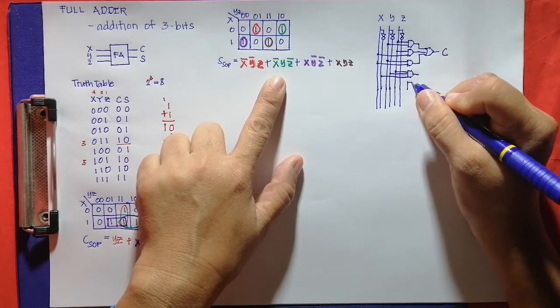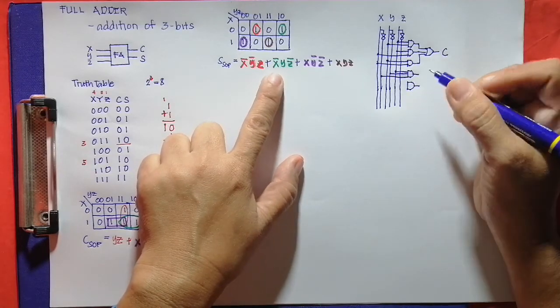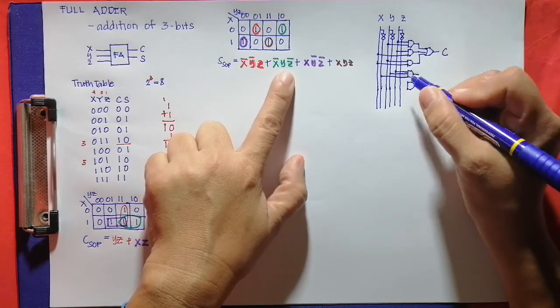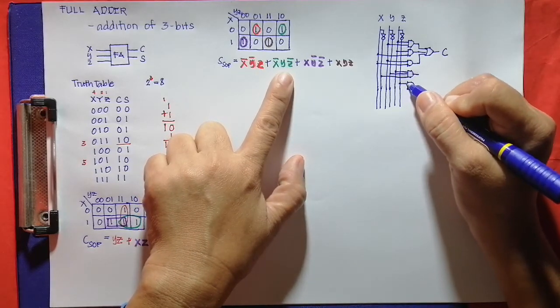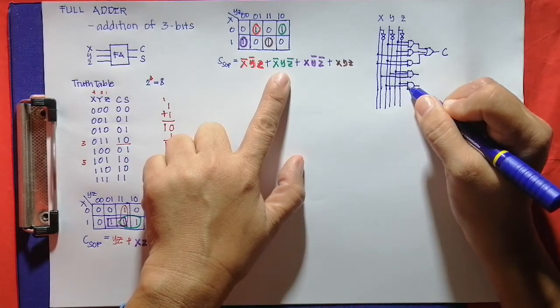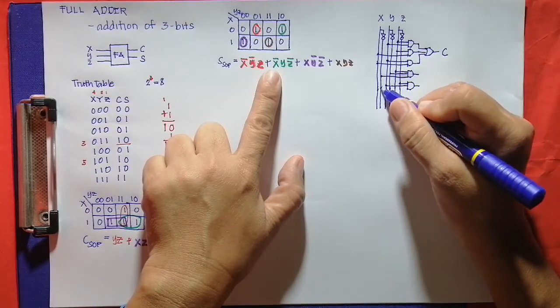Then another AND gate. Not X, Y, and not Z. So this is your not Z, Y, and we have not X.